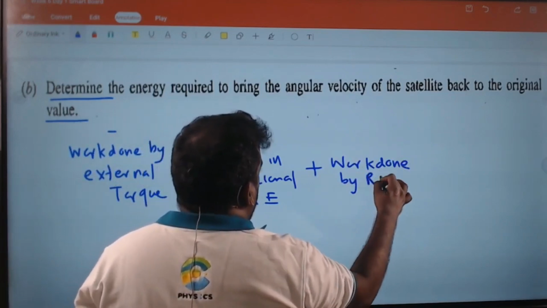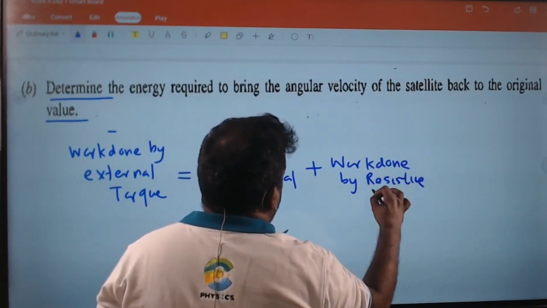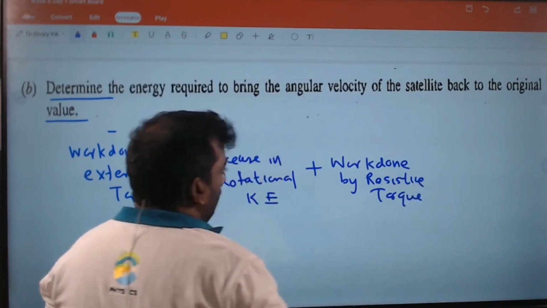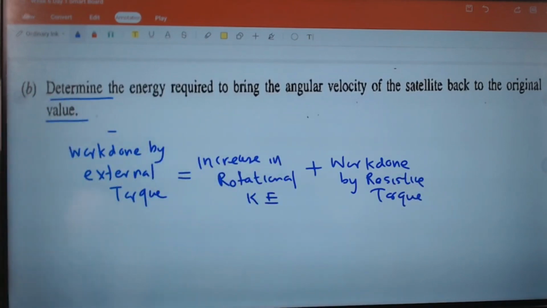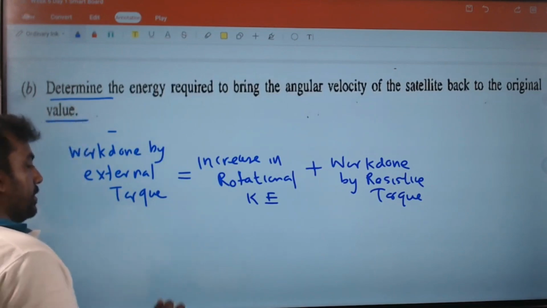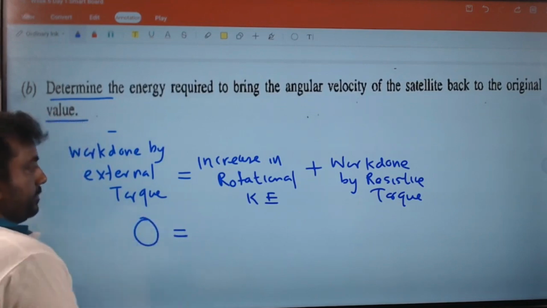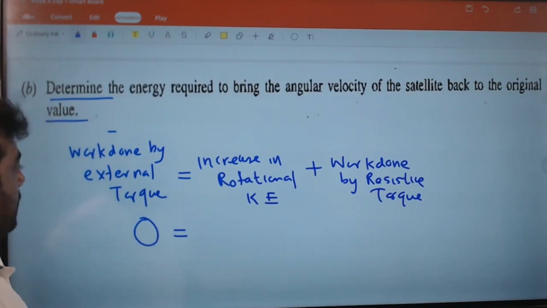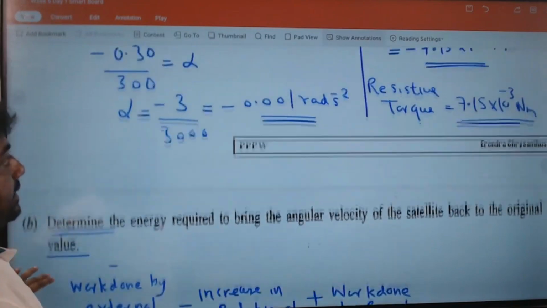Look at the board carefully. There is a loss in rotational kinetic energy. Is there an external torque? No external torque. Is there a resistive torque?